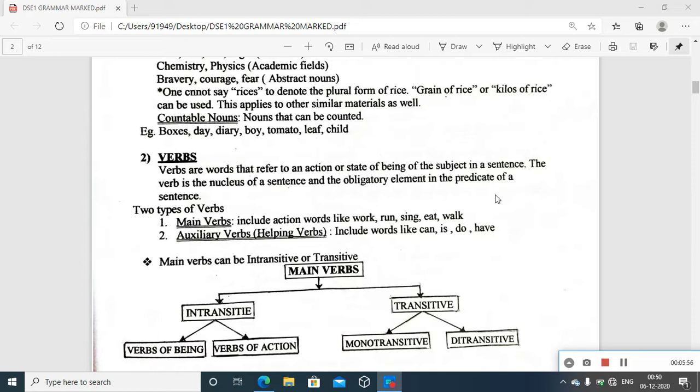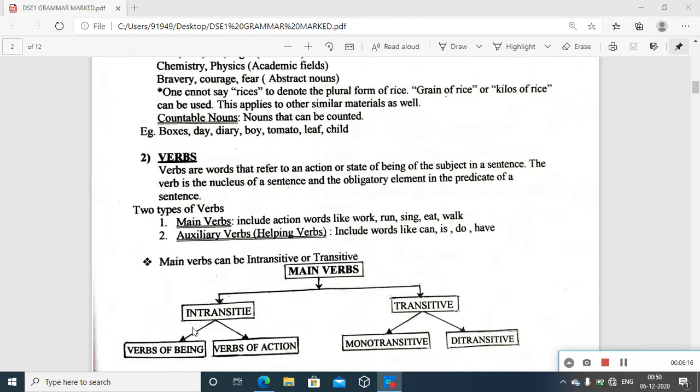But if you take the examples and then go back to the definition, it becomes easier. Let us try that. So here, main verbs: I told you the major category, the first type, main verbs, and the major categorization goes like intransitive and transitive.